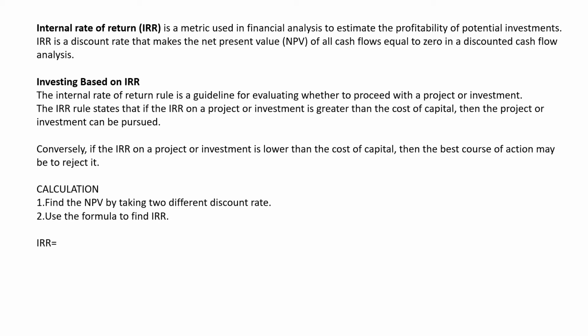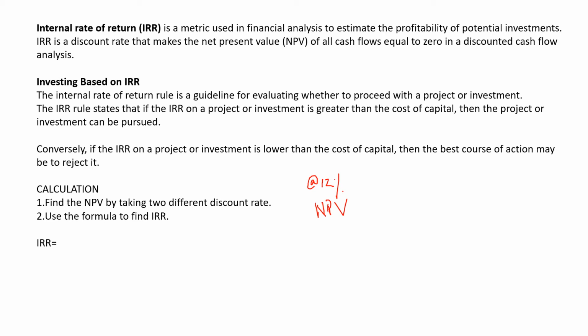Now, we will have to calculate the NPV, right? So when we are given a question, we will first try to analyze by taking a discount rate. Let's say we have first taken a rate of 12% as the discount rate to find the NPV of a project.